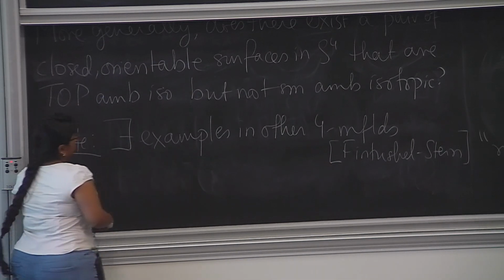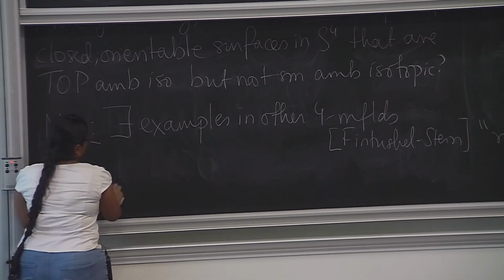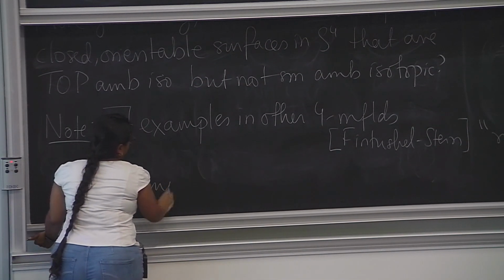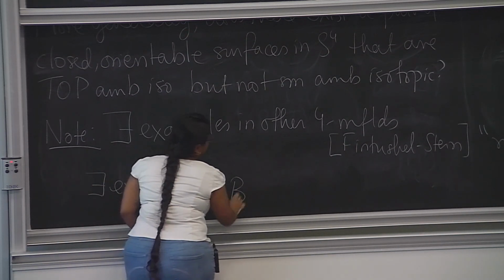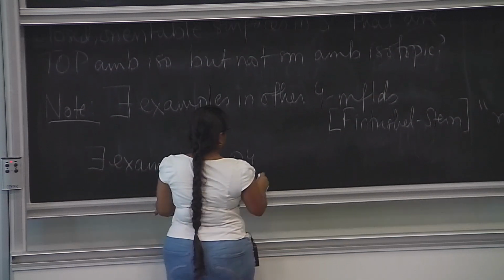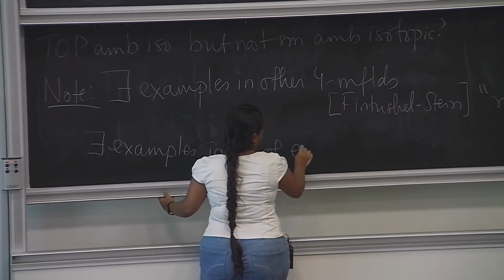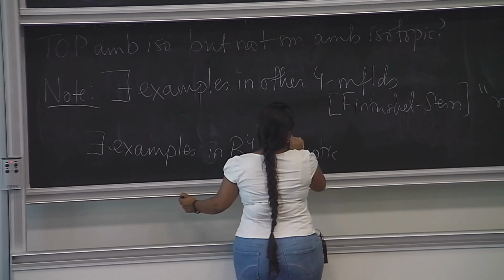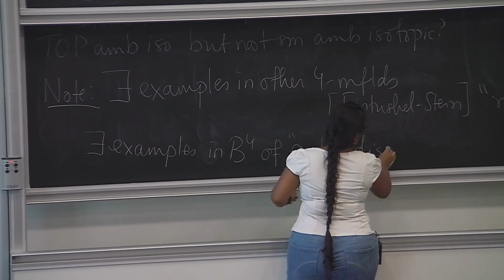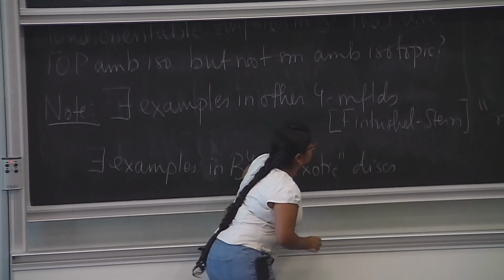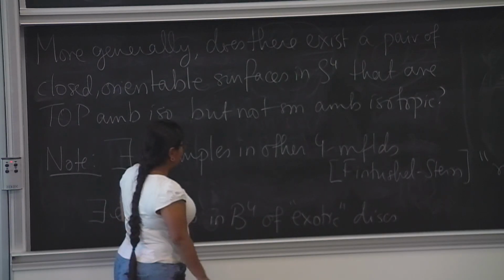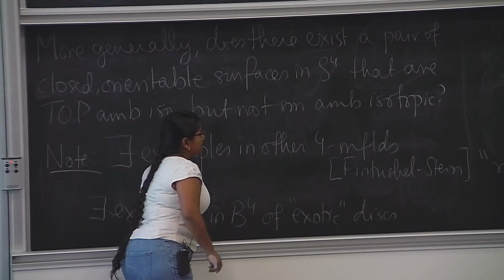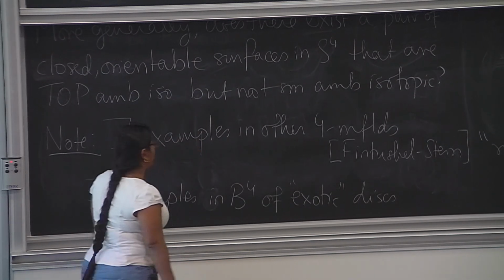There also exist examples with boundary, even in B4, of exotic disks. I'm so late. Let me not say more about this. Let's start off on Friday by talking more about this.